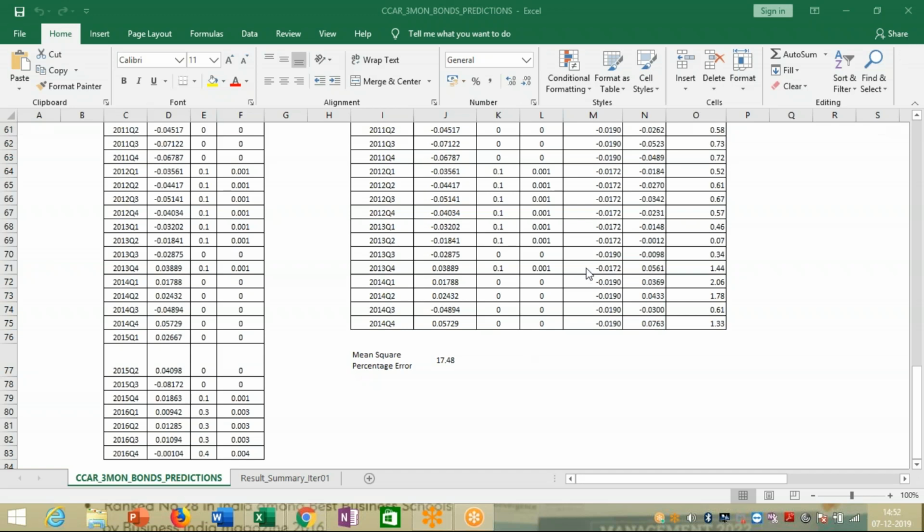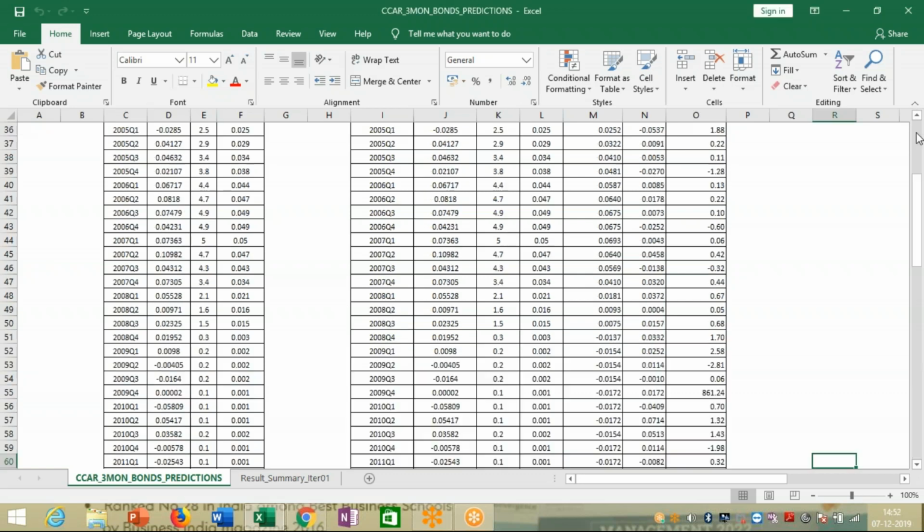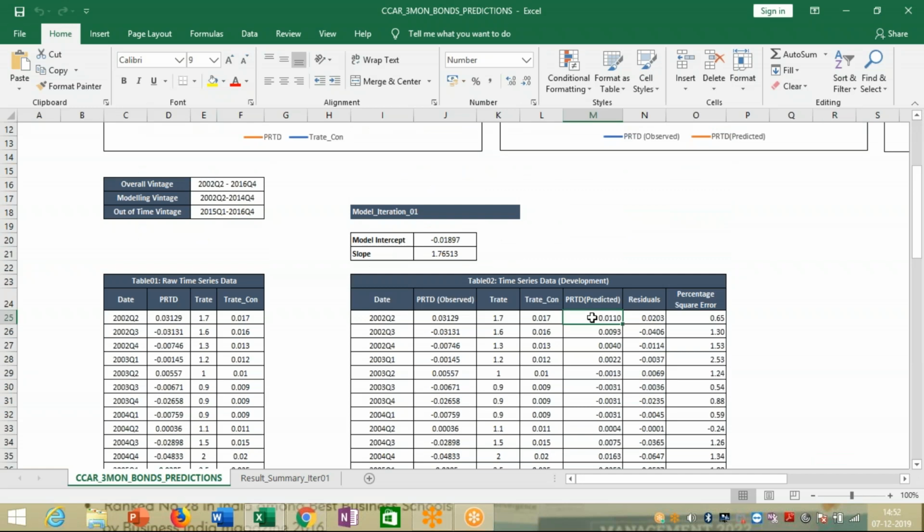We had used the data till 2014 Q4, and we used that estimated regression equation in getting the predicted values.